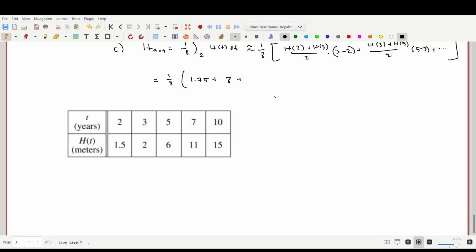And then average of 6 and 11 is 17 over 2, which is 8.5, so 8.5 times 3. And then plus average of 11 and 15 is 13, 13 times 3. Just double checking this is what they want.